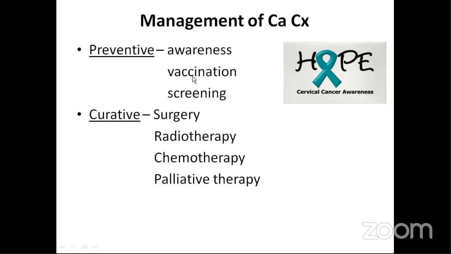And next is the vaccination, which we discussed, and definitely screening. Screening is a secondary prevention wherein we detect if there is any disease and accordingly we give the further treatment. Next is the curative method of carcinoma cervix treatment, where we have these modalities: surgery, radiotherapy, chemotherapy, and palliative therapy.